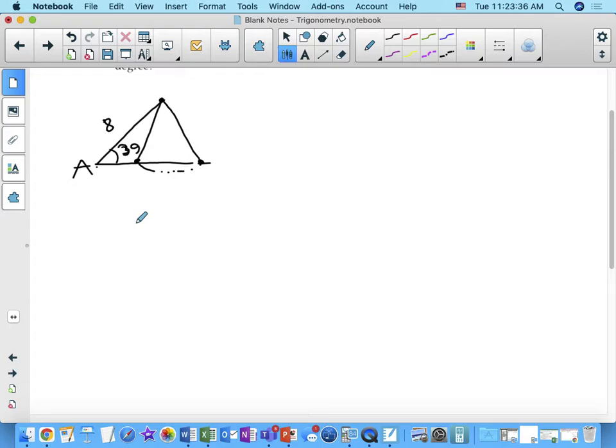Okay, so I'm going to look at my first triangle, which looks like this. Here's A, this is 8, this is 6, and this is 39 degrees. Okay, this over here would be B, and this is C. And this, of course, would be side C.